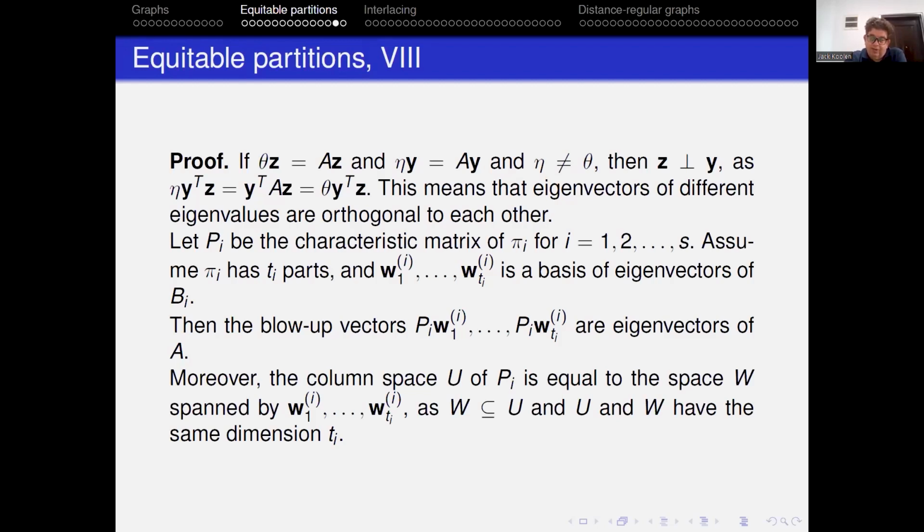And the column space of P_i is equal to the space W spanned by those eigenvectors. I'm sorry, I should have said P_i w_1^i up to P_i w_{t_i}^i, because we have to have the same length.